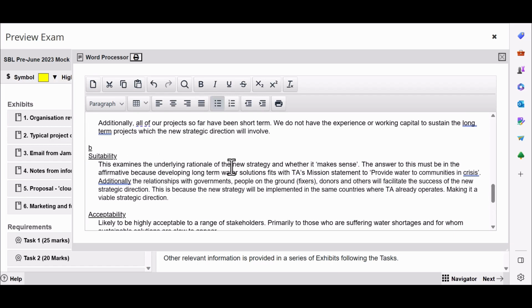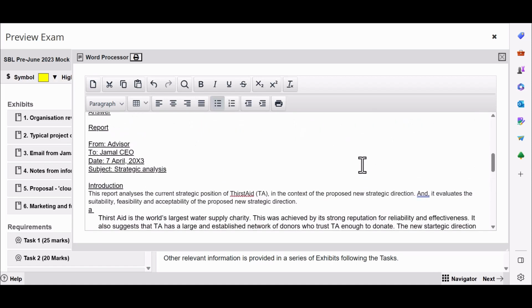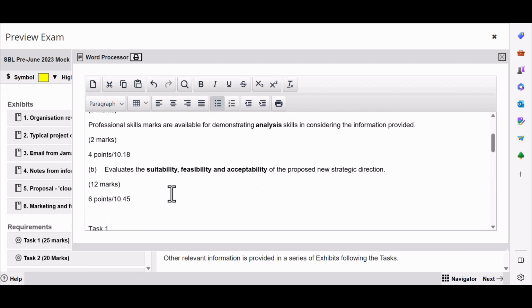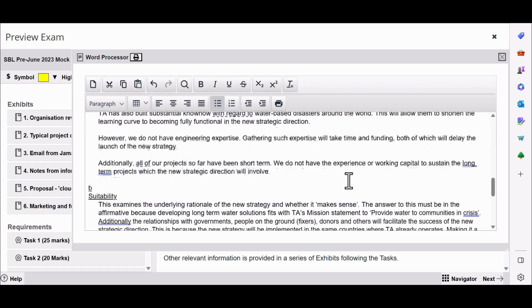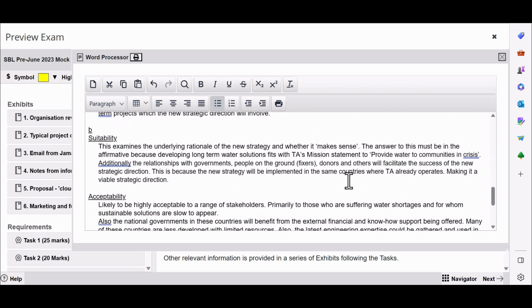Suitability examines the underlying rationale of the new strategy, whether it makes sense. The question is to evaluate the suitability of the proposed new direction, right? The proposed new direction is putting in the infrastructure when a disaster happens.